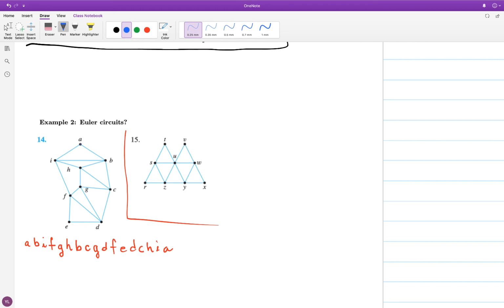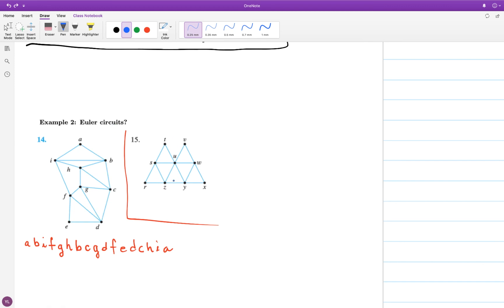So I start at A, I go over to B, then I, then F, then G, then H, then B, C, G, D, F, E, D, C, H, I, A. There you go. There's your Euler circuit through the graph.